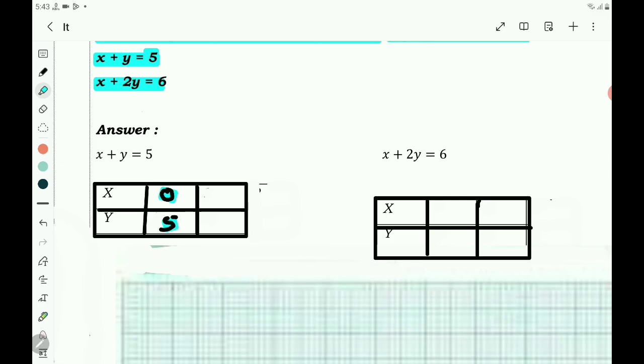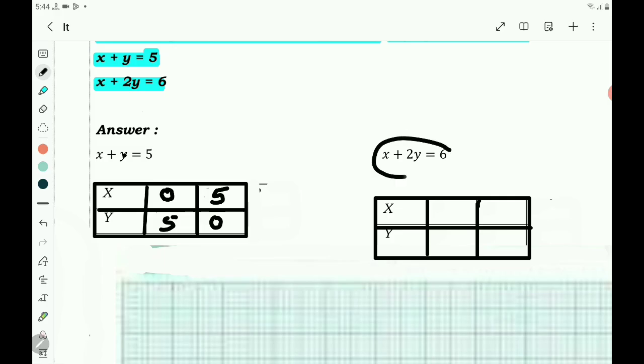Then if y is 0, what is the value of x? Here y becomes 0, x is equal to 5. So if y is 0, the value of x is 5.